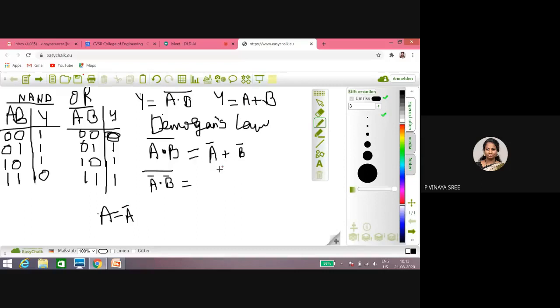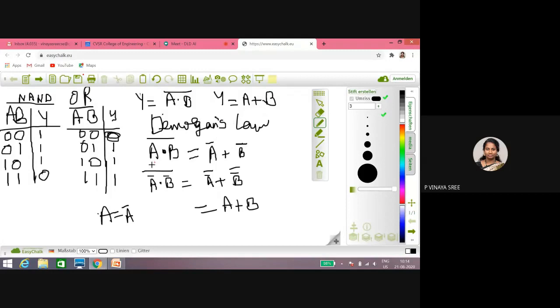So A complement, and here one more, B complement, whole complement. It is A complement plus B is B complement and one more complement based on this rule. So you will get what finally? If the complements are cancelled, you will get A plus B. So this is your rule based on De Morgan's law.